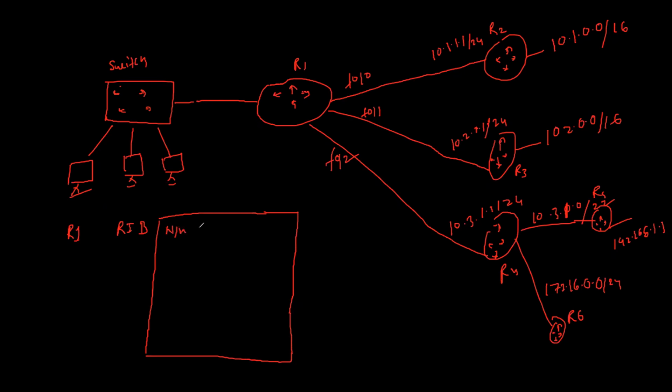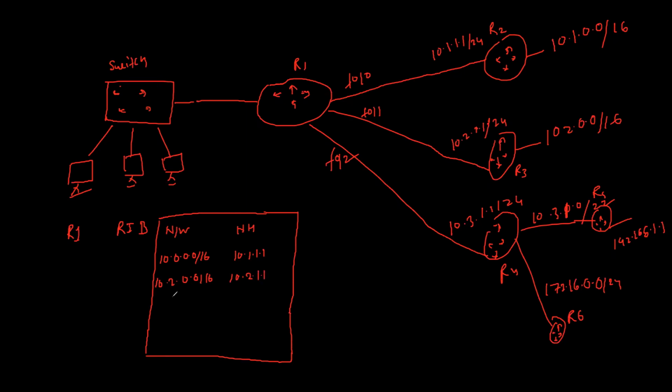Network, next hop. Let's say the network over here is 10.0.0.0/16, and the next hop is 10.1.1.1. There is another network, 10.2.0.0/16. It is coming from 10.2.1.1.